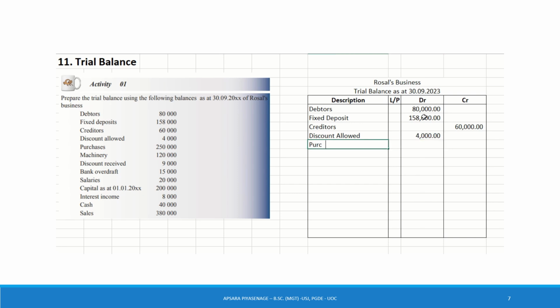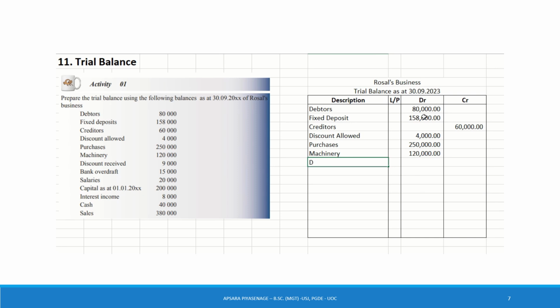Purchases. Purchases is an expense for the business, so it should have a debit balance. Then machinery. Machinery is an asset. It's a non-current asset of the business. So assets have a debit balance.